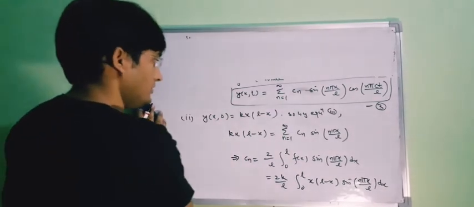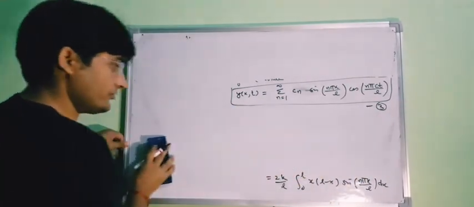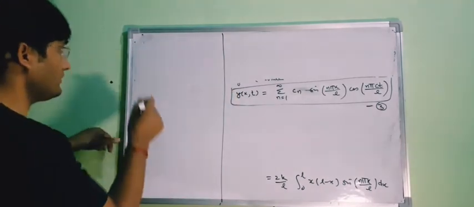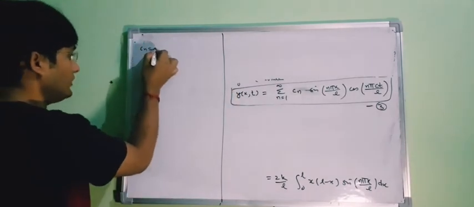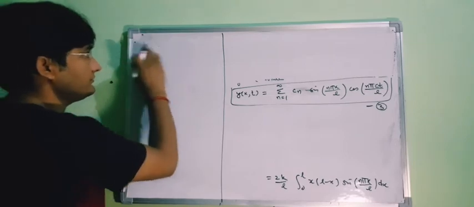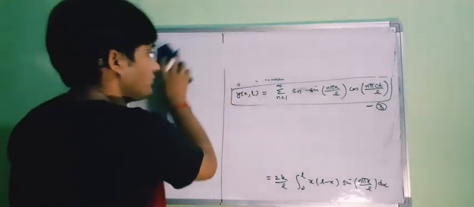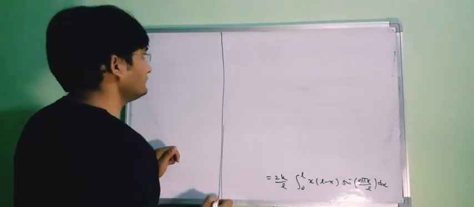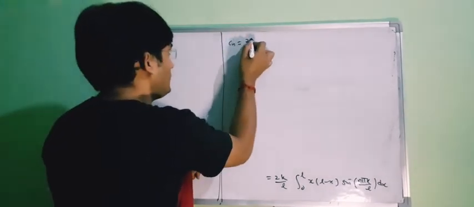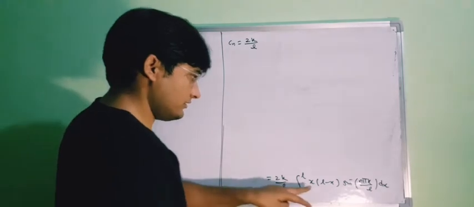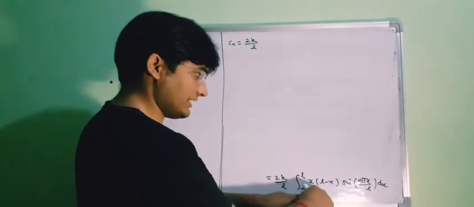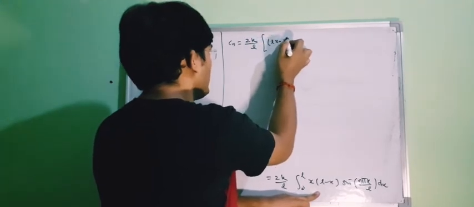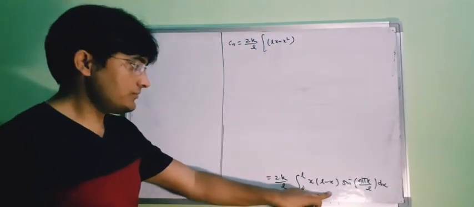So let us find out this coefficient Cn. Cn will be equal to 2k upon L, integral of Lx minus x square times sine n pi x upon L. Use the Bernoulli rule of integration.